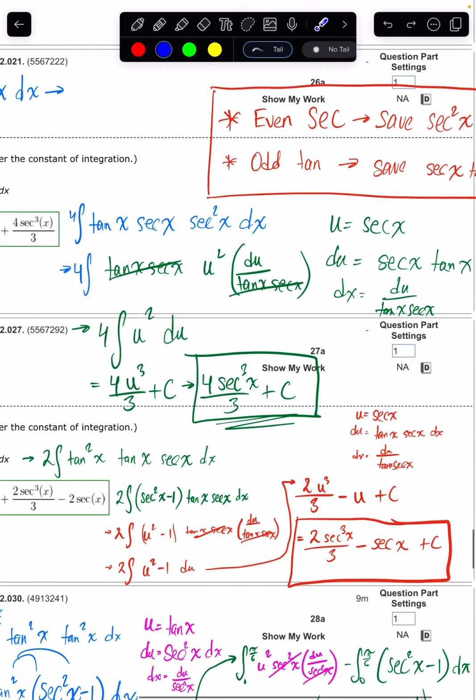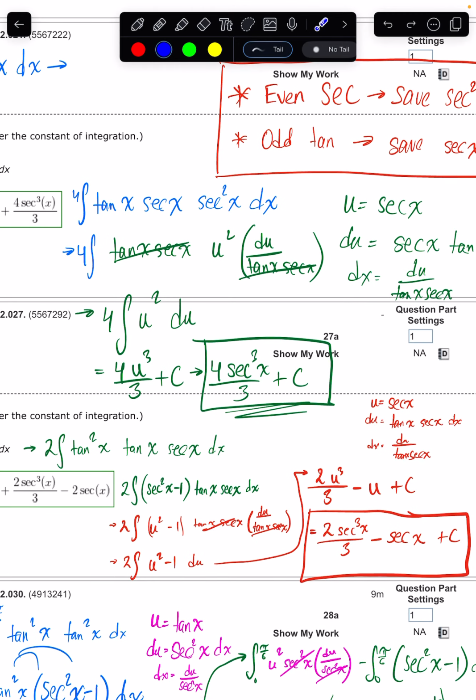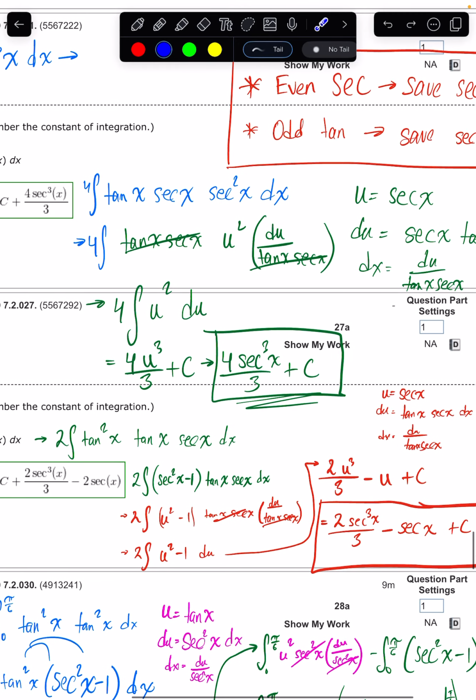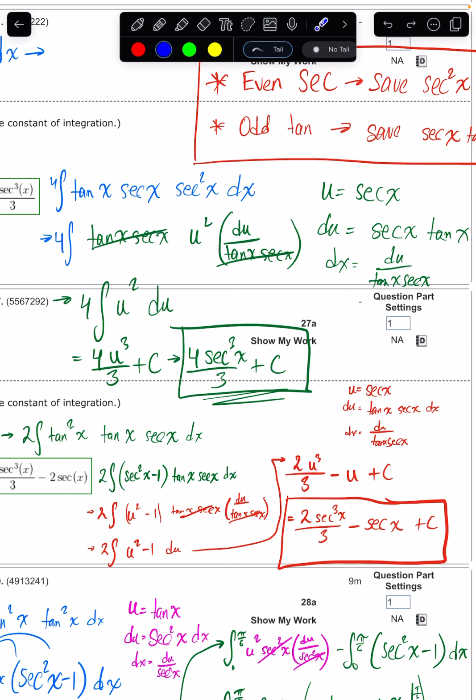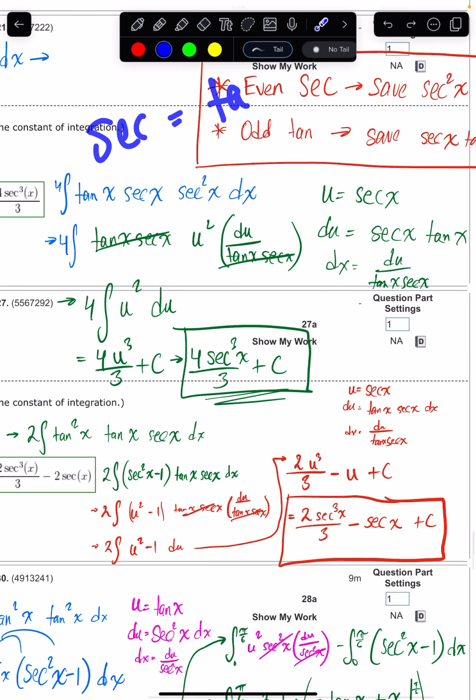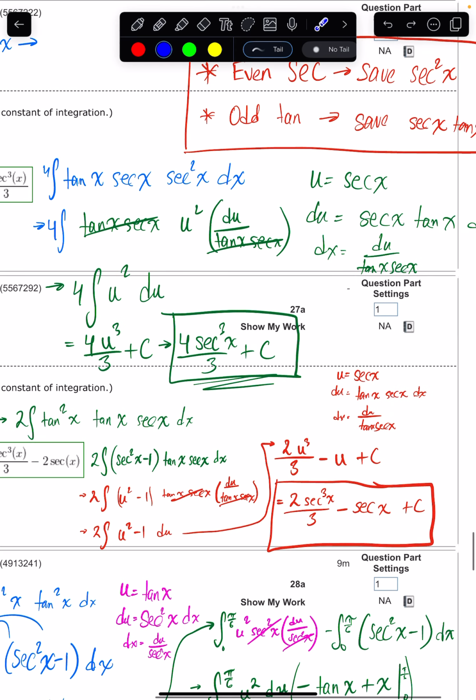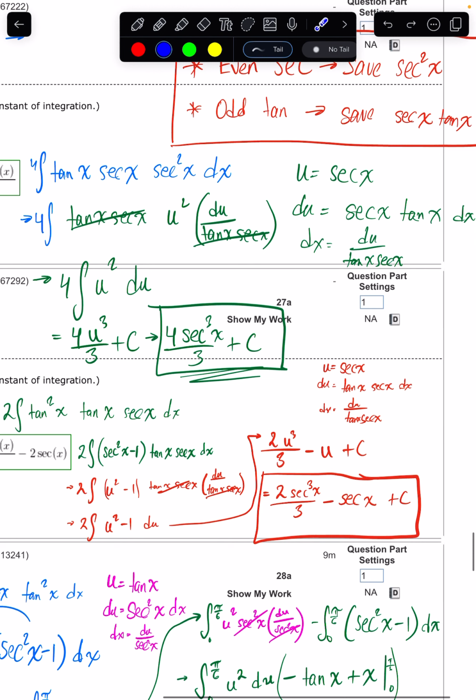And then after we do that, we were able to make our u value secant, because the reason we saved this tan times secant was because we know the derivative of secant is what? It's tan times secant, or secant times tan, same thing, right? So that's how we're able to get rid of these tan times secant through u substitution.